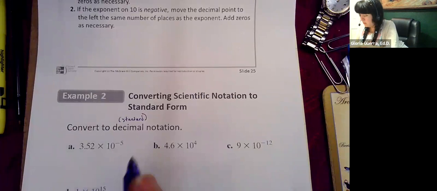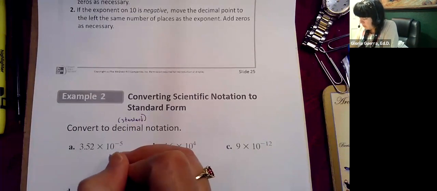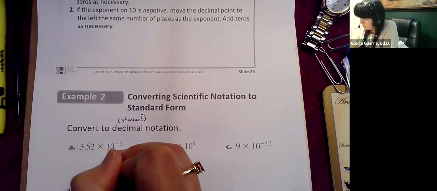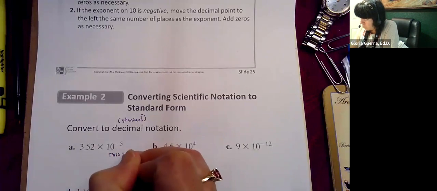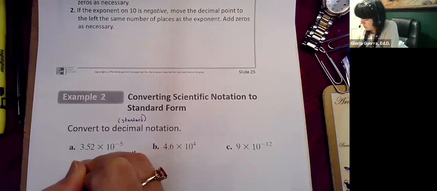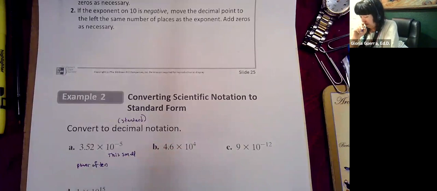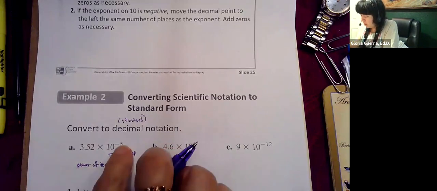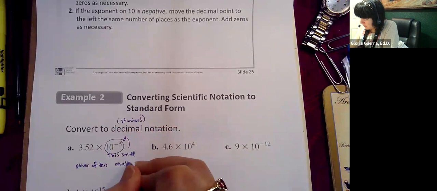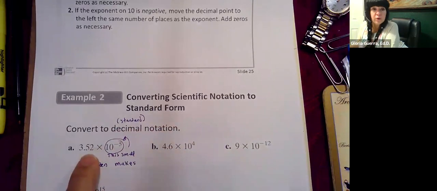So this is a small power of 10, and it does have an effect on the A, because this is still A times 10 to the n.